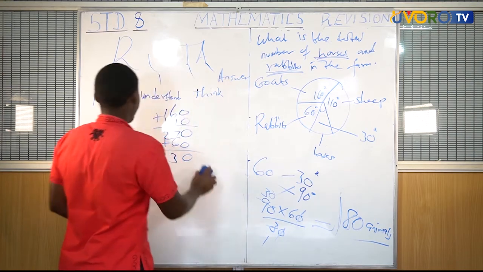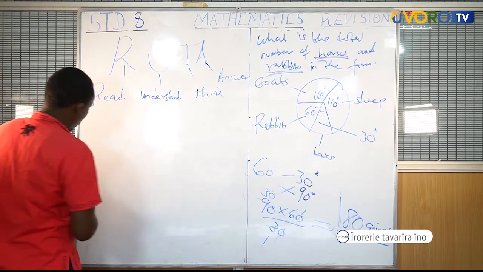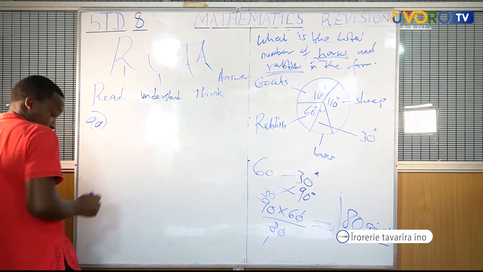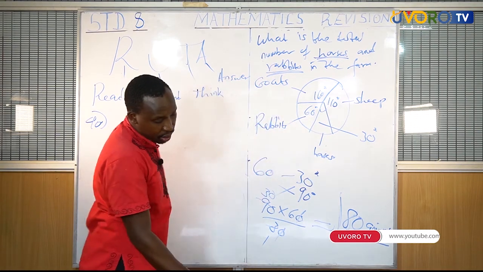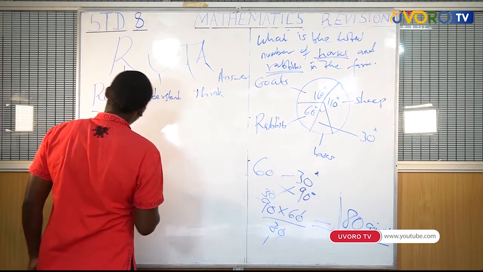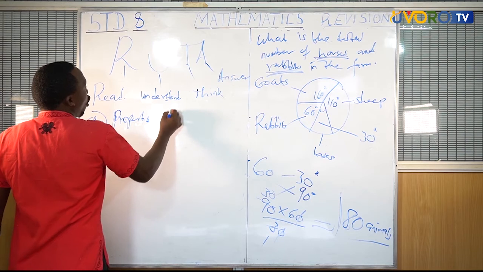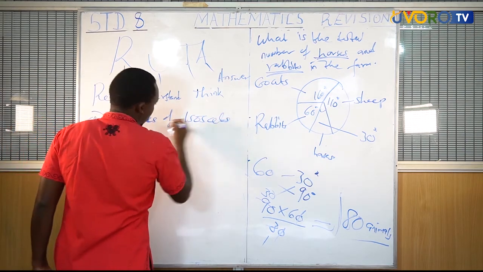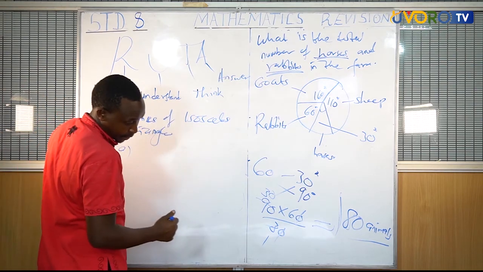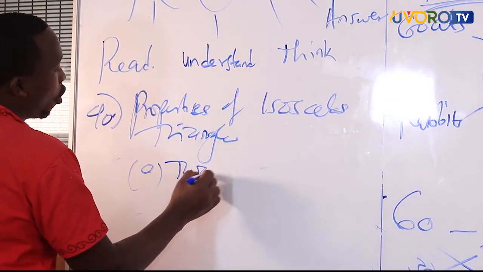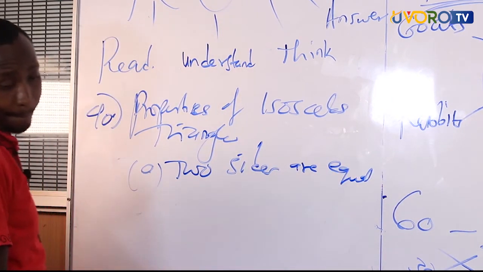The last question for today, question number 40. Number 40 states, which one of the following is not a property of an isosceles triangle? A says, two sides are equal.